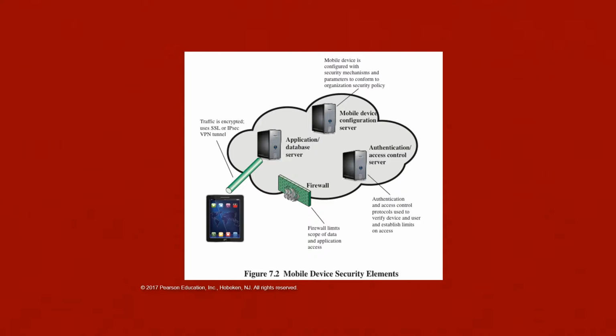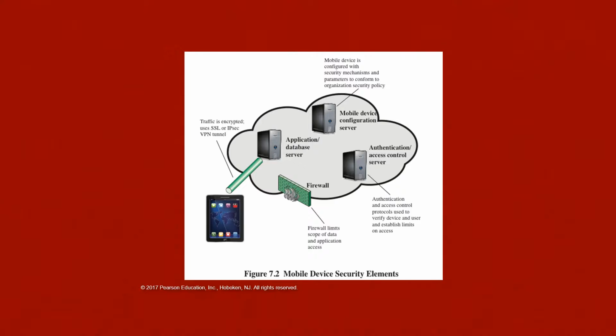A strong authentication protocol should be used to limit the access from the device to the resources of the organization. Often, a mobile device has a single specific authenticator because it is assumed that the device has only one user. A preferable strategy is to have a 2-layer authentication mechanism, which involves authenticating the device and then authenticating the user of the device.